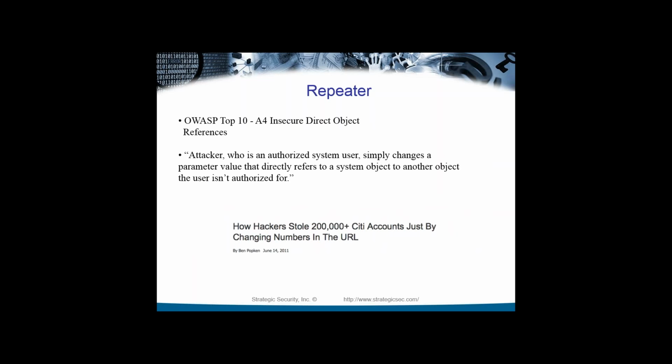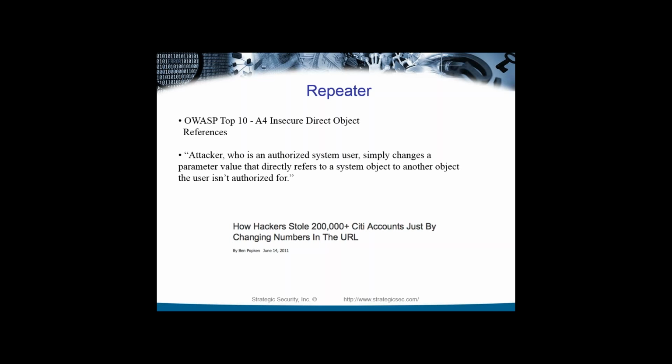Insecure direct object reference, this is another one, right? It says the attacker, who is an authorized system user, simply changes a parameter value that directly refers to a system object to another object that the user isn't authorized for.